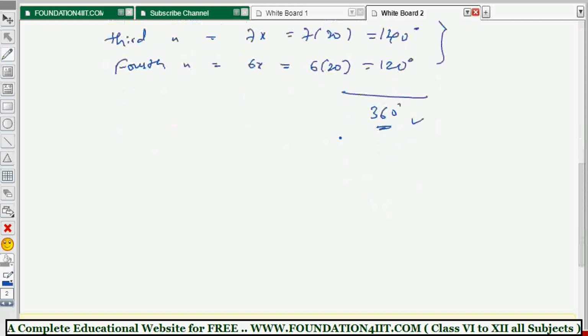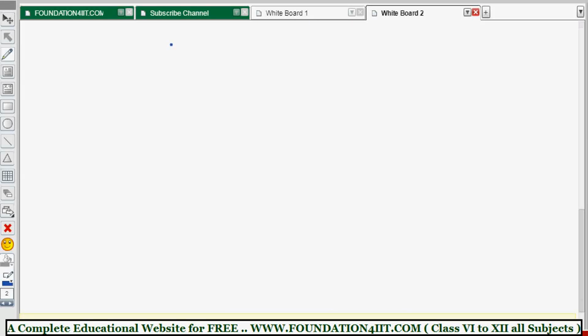And for example, the angles of a quadrilateral in terms of x are given. So how to do?